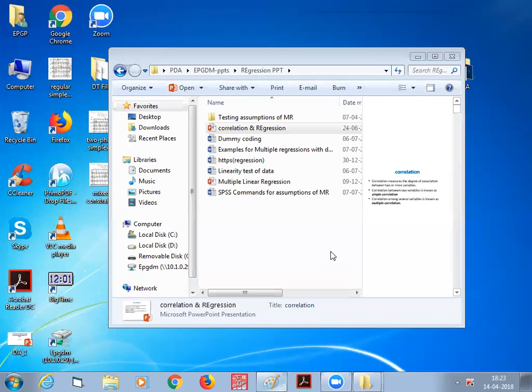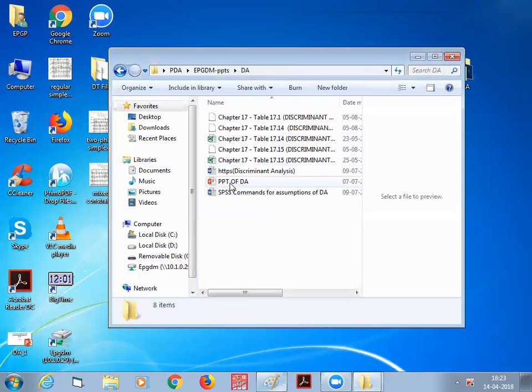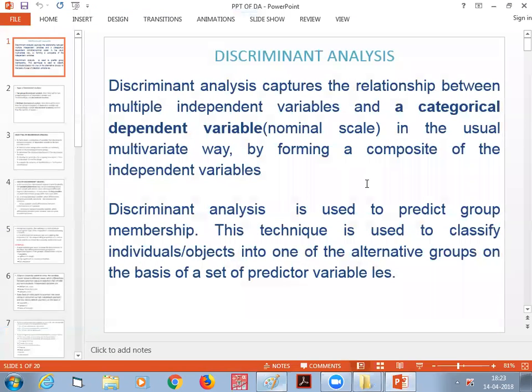This is discrimination. So we did regression analysis first, and now the discriminant analysis.